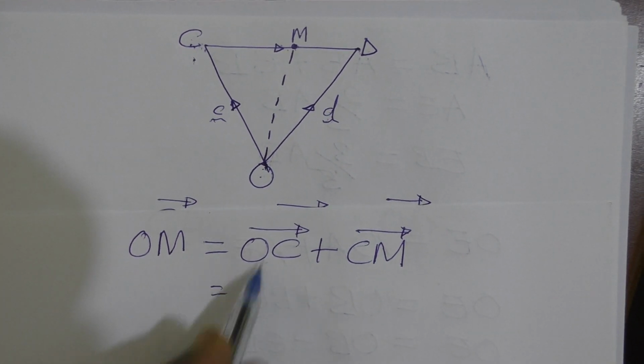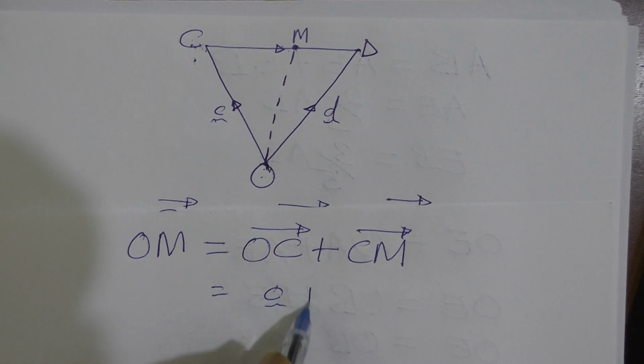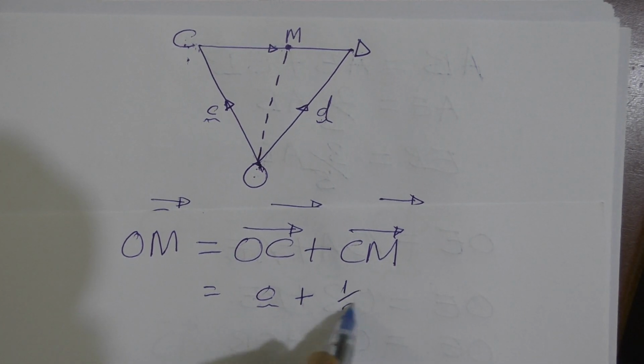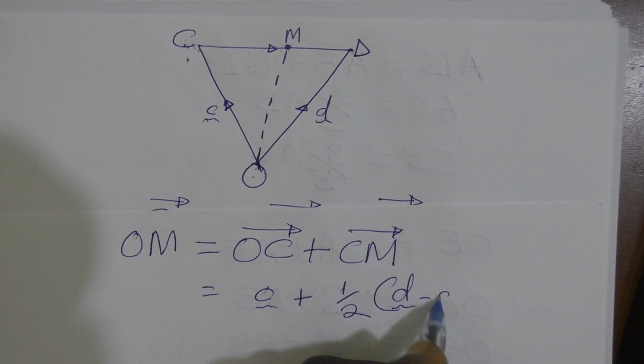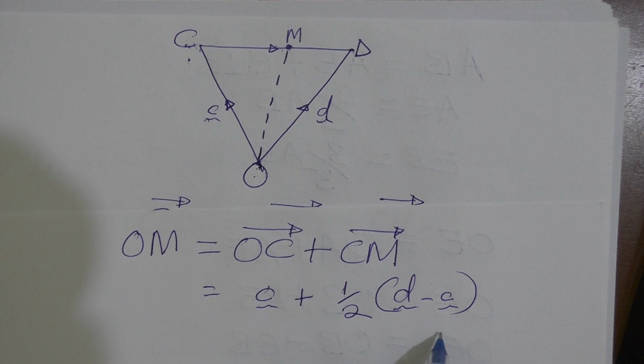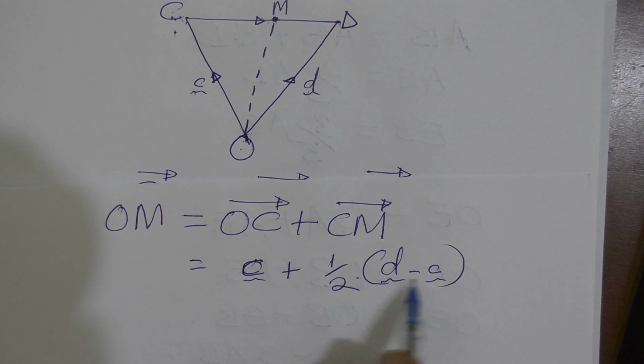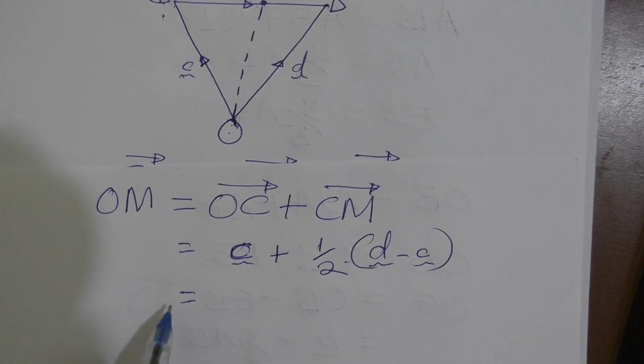But OC is C plus CM, which was a half of D minus C. So we can open brackets and simplify by collecting like terms together.